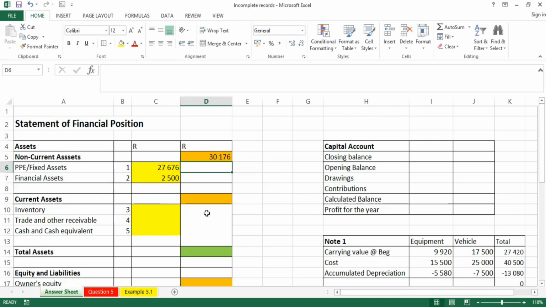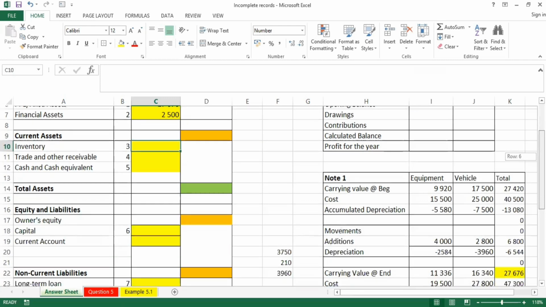Okay, so now we're moving on, and then we come to our current assets. They say inventory. Now we note number 3, which is our inventory.